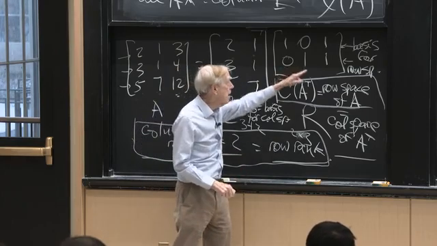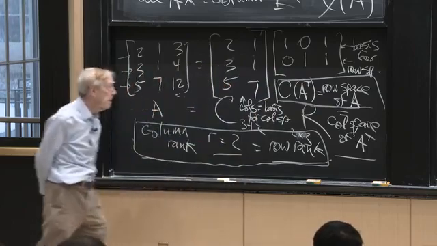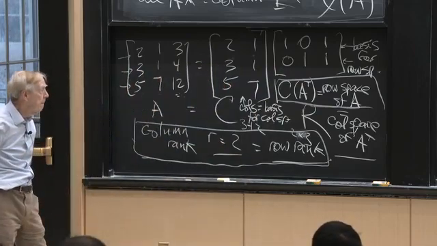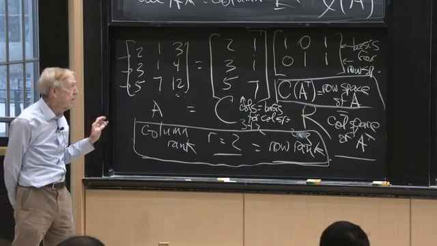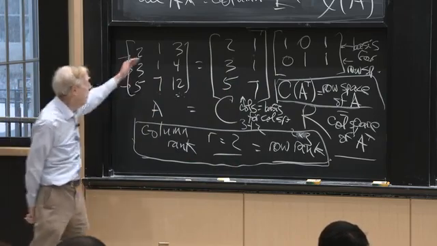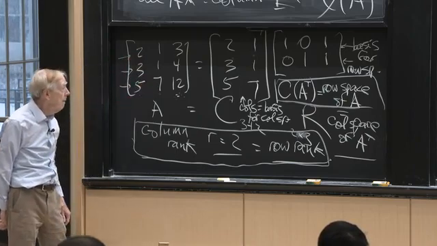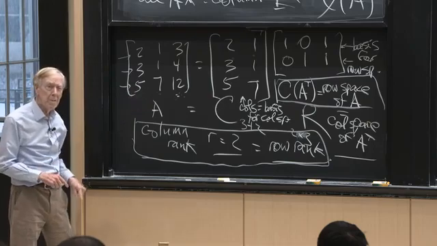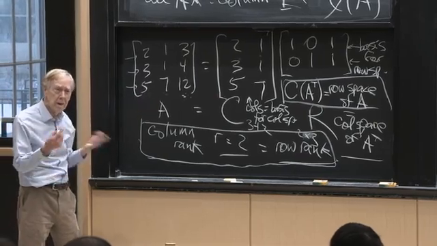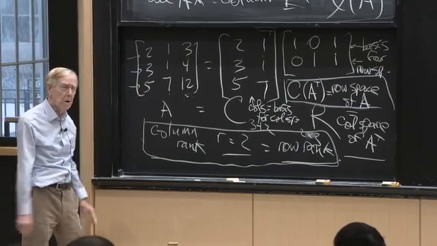I'm going to check that those guys are independent. Well, you can see that they're independent. And I'm going to check that their combinations produce all 3 of these rows. We didn't create those numbers for this purpose, but what I'm saying is they work.